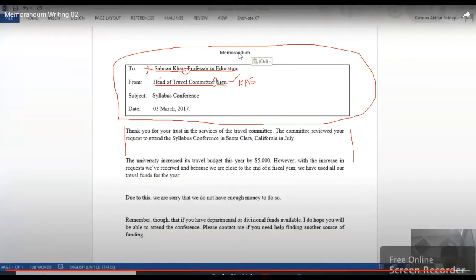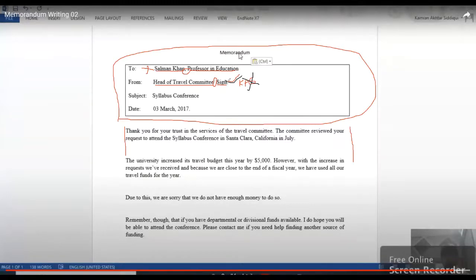Have I written my name over there? No. So if I have not written my name, this is not a good idea to write my initials. So the best thing is to put my signature in there, right? So if you have written your name and designation, then you are allowed to use initials.